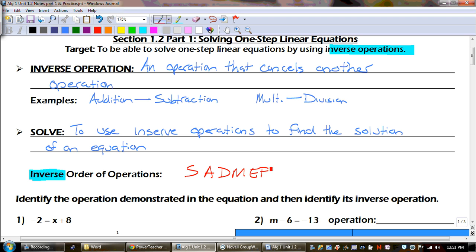So we use SADMAP when there's an equal sign. It's very important to know whether you use PEMDAS, the Please Excuse My Dear Aunt Sally, or SADMAP. We call it SADMAP because going backwards it's Sally, Aunt, Dear, My, Excuse, Please. That just sounds ridiculous.